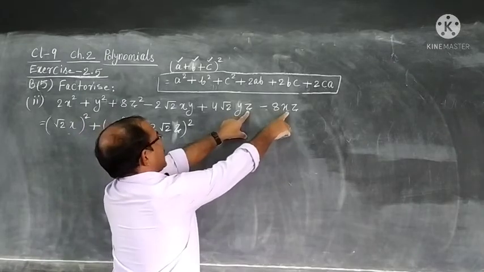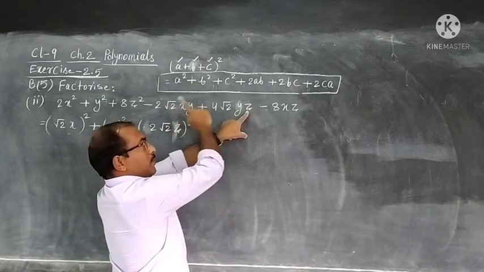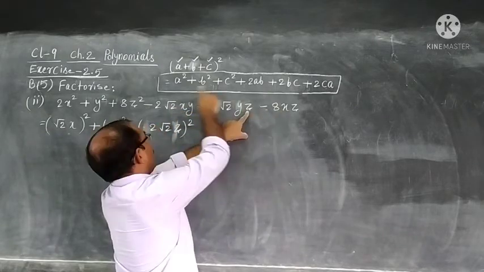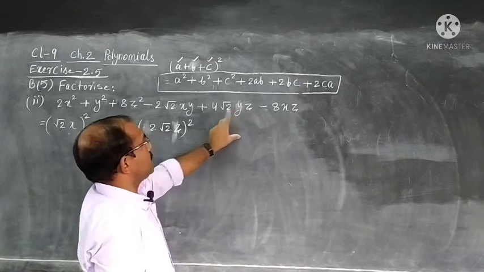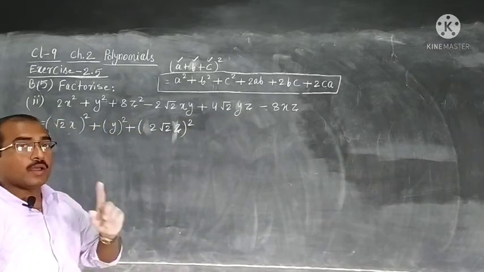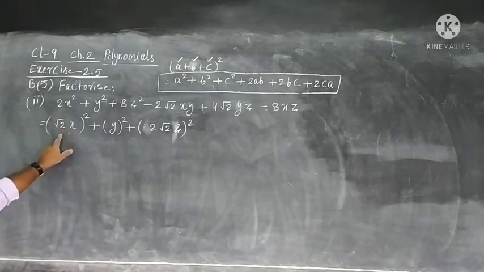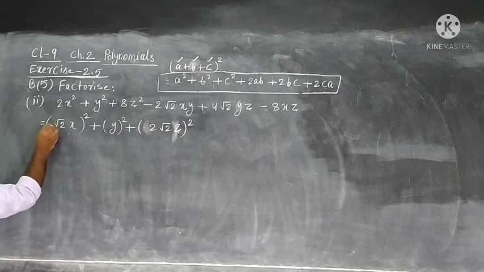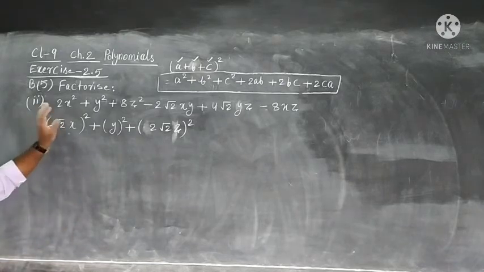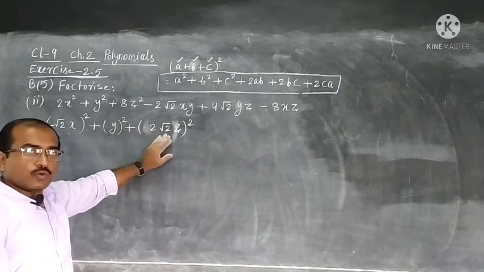Look here, wherever x comes, they are negative. X is in this term, x is in that term, they both are negative. Y, z is here, it is positive. So, which term is negative? X term is negative, and that is why I left some space here. So, A is minus root 2 x, B is y, C is 2 root 2 z.